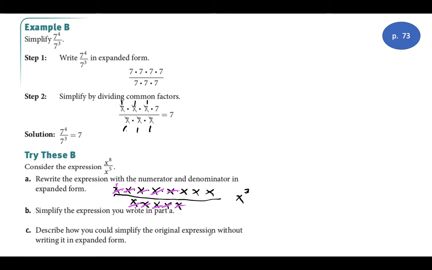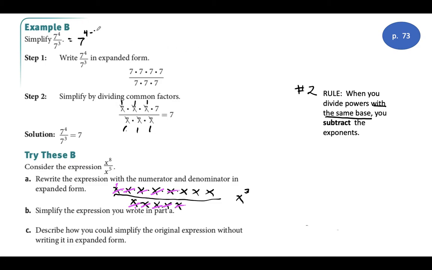Did you figure out the rule? How could you simplify the original expression without writing it in expanded form and canceling everything? There it is. Rule number 2. When you divide powers with the same base, that's important, it's got to have the same base, you subtract the exponents, right? So 7 to the fourth divided by 7 to the third, I could write as 7 to the 4 minus 3.